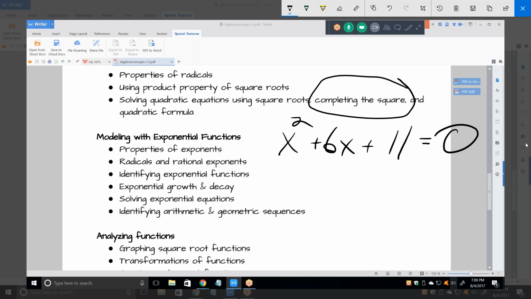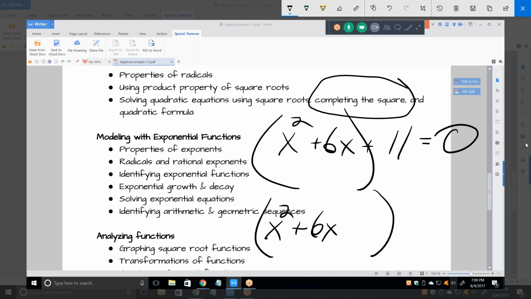So let's talk about the general process of completing the square. First of all, I'm going to combine those two terms right there, and I'm going to rewrite it as x squared plus 6x. I'm going to write it in parentheses like that. I'm going to leave some room up here.